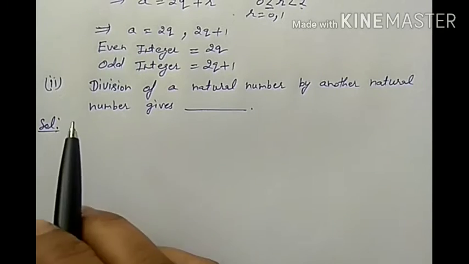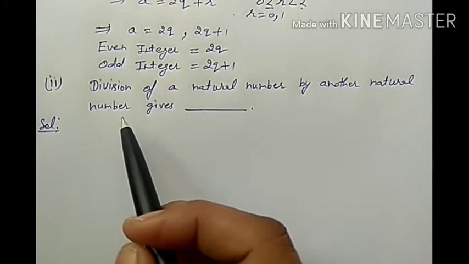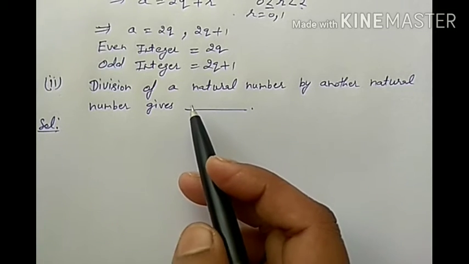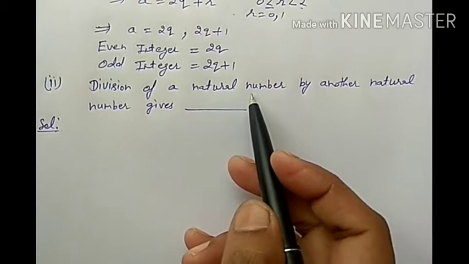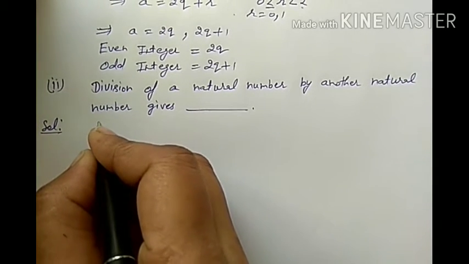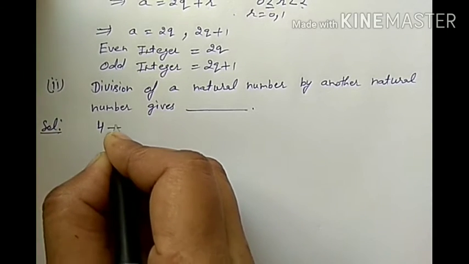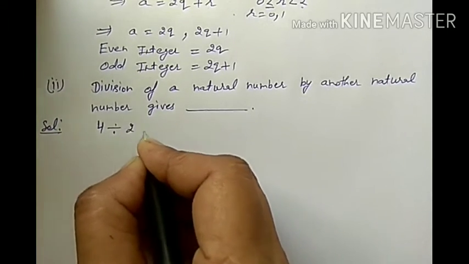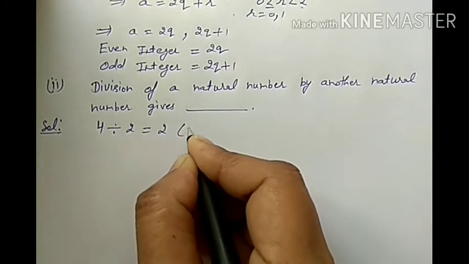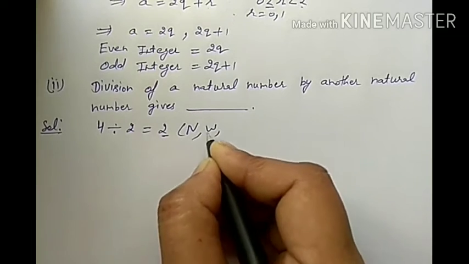Next part is: division of a natural number by another natural number gives... So I think you will say natural number. But students, if you take a number 4 and you divide by another number 2, then you get a natural number, a whole number.